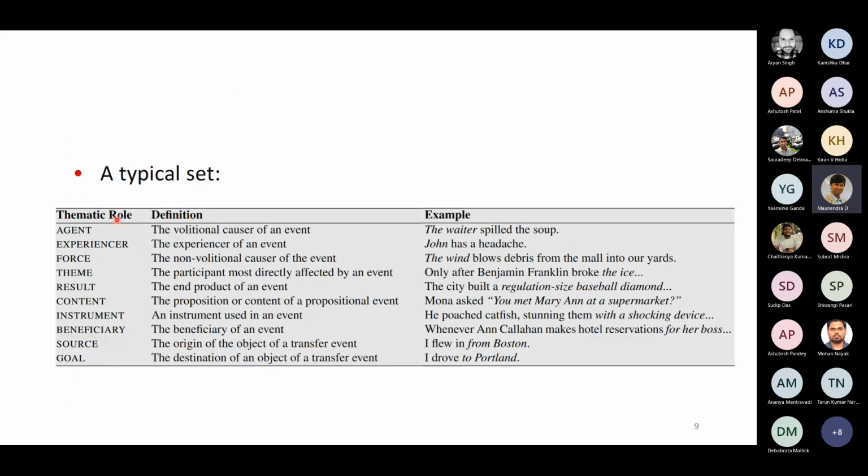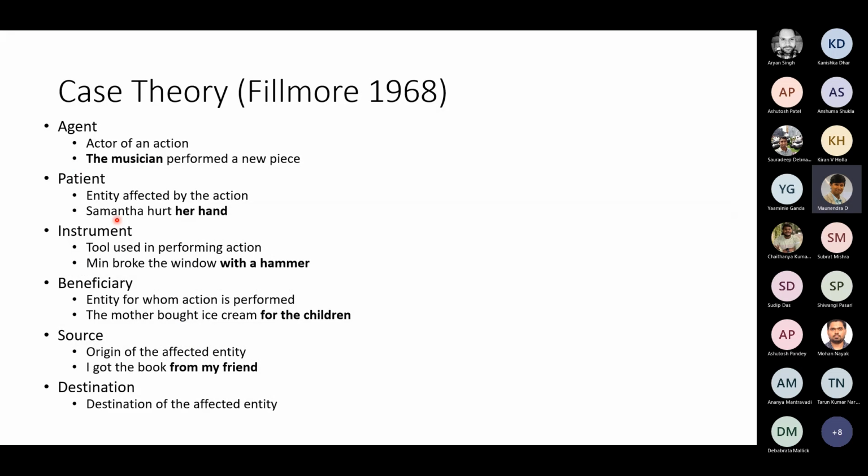So again, as we mentioned earlier, the task could be like, given an input sentence, if these are the different roles, you identify the different roles. So again, it becomes something like a classification problem. But then what the classes are may vary from dataset to dataset.